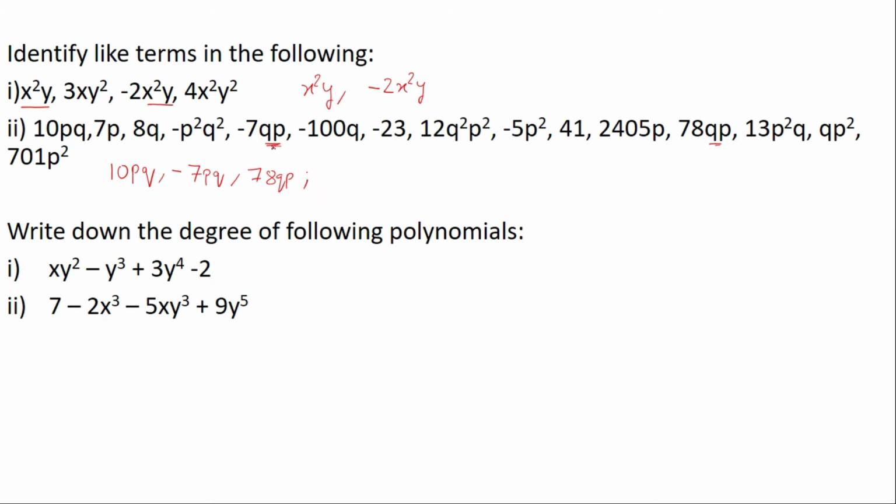Now we don't have any term with single p, so we will write it as it is. We are having more, like this term is having single p, so we will write it also 2405p. Now search it whether any other term is there having single p.